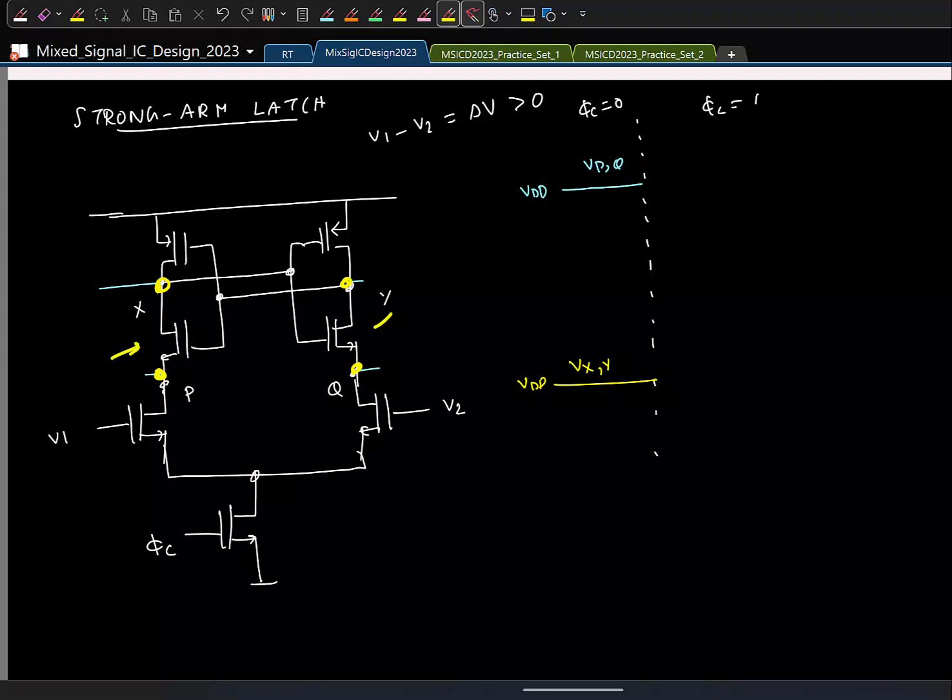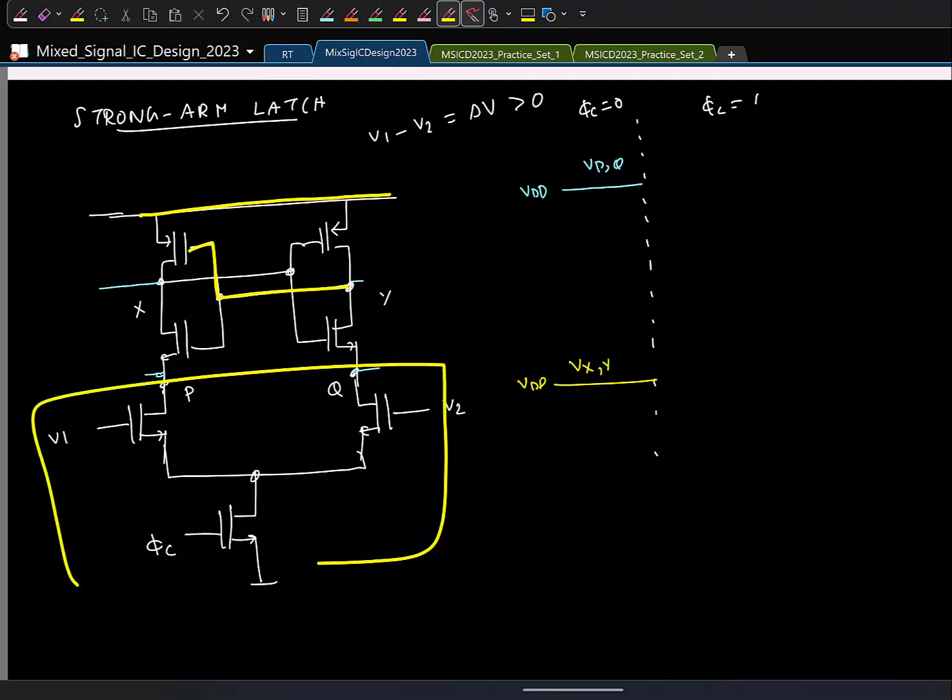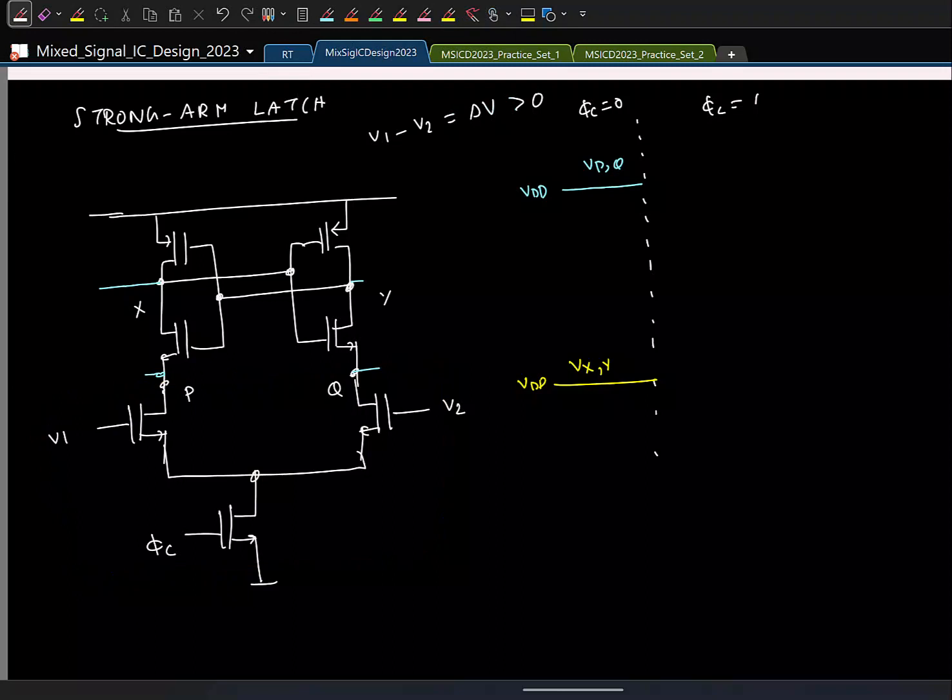So what can you say about these NMOS transistors? They'll be off because their gates are at VDD, source is also at VDD. What is the case with the PMOS transistors? They'll also be off because again the source is at VDD, gate is also at VDD. So again, as usual, in the initial phase only this guy is active. So if delta V is greater than 0, we'll be drawing currents here and I1 will be greater than I2.